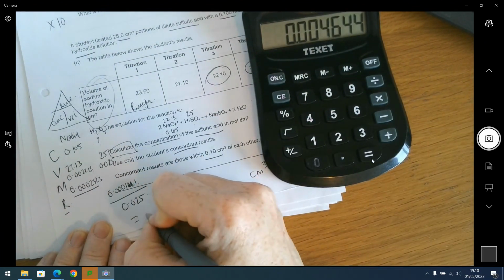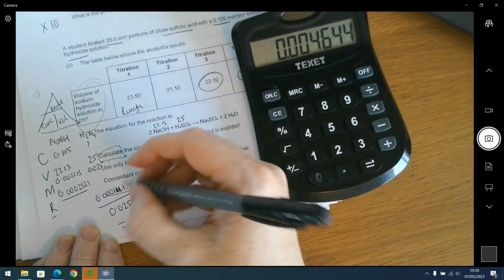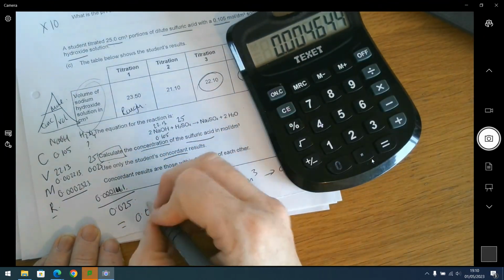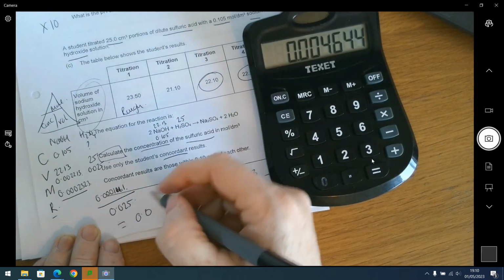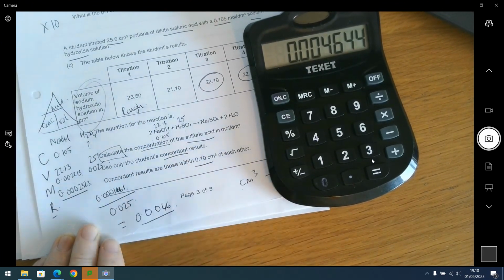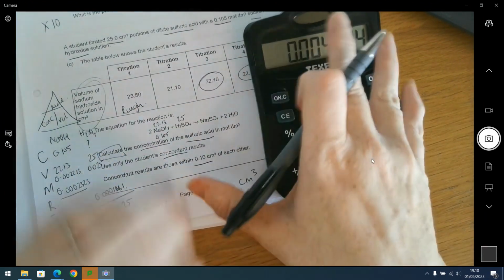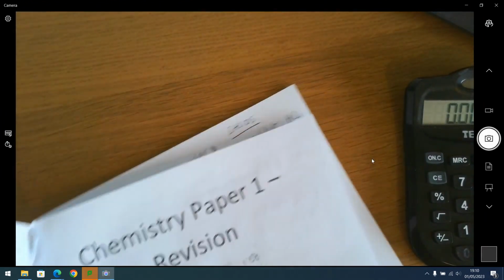Gives me my concentration answer. You see that okay? Again, they might ask me for a standard form, which they haven't in this case, so I'm probably going to do this to significant figures, and that there would be the concentration. Okay, and that's quite a complicated thing. Got lots of things to consider in that calculation.